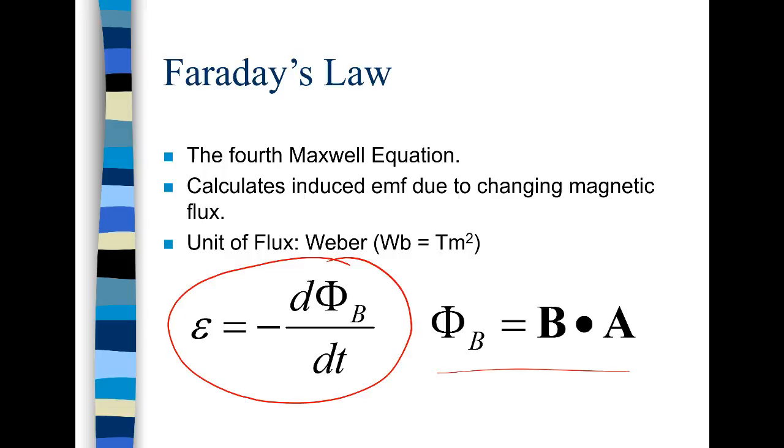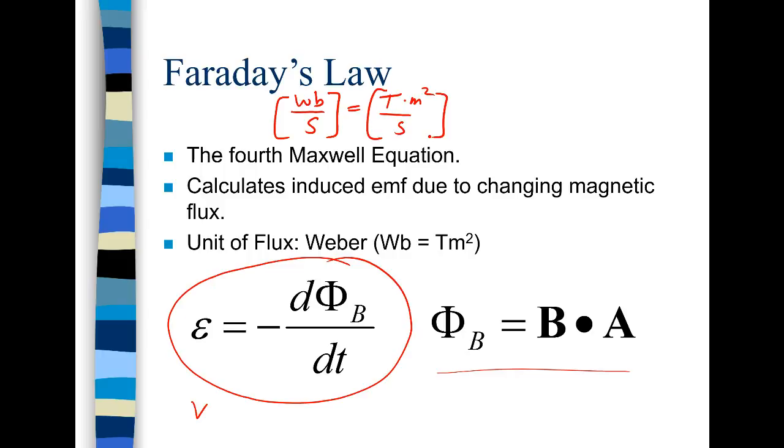Now, one thing that kind of bugged me about this is, okay, how can you have a voltage? So how can you get volts out of a changing flux? If we look at the units here, changing flux is going to be Webers per second, but Weber is magnetic field times area, which is Tesla times meter squared per second.